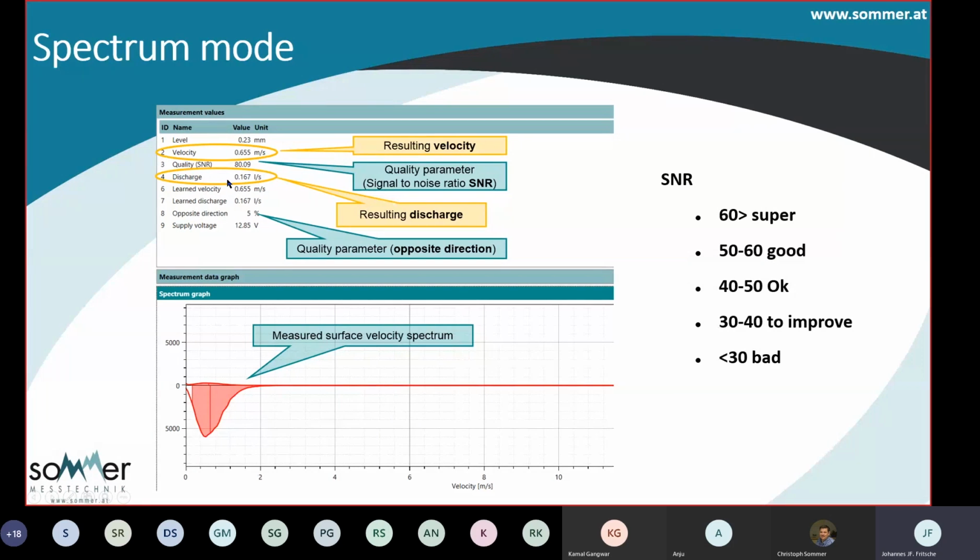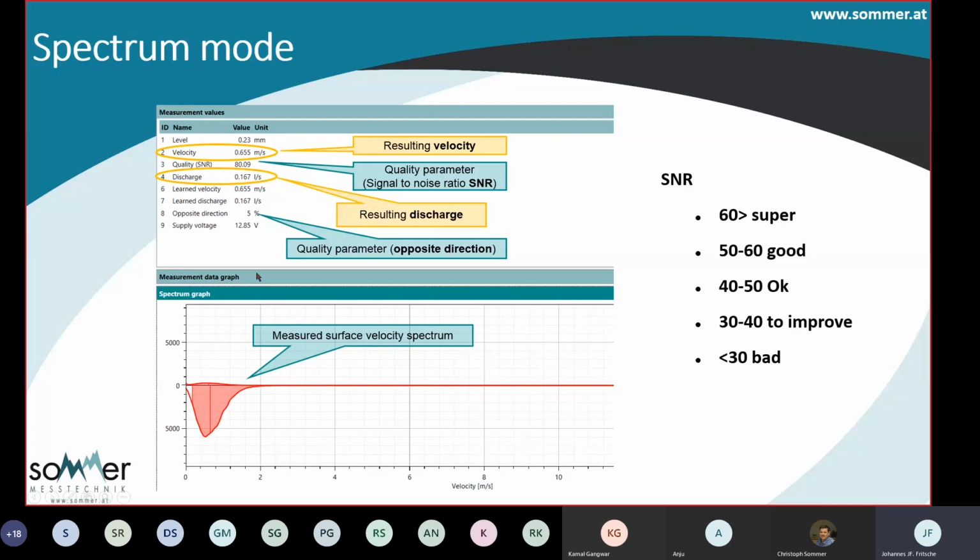You get the final water discharge, and you get two numbers for a quality indication of your measurement. First is the SNR, the signal to noise ratio, and the opposite direction, 0.8%. So these are two quality variables that you look at beside the spectrum here.